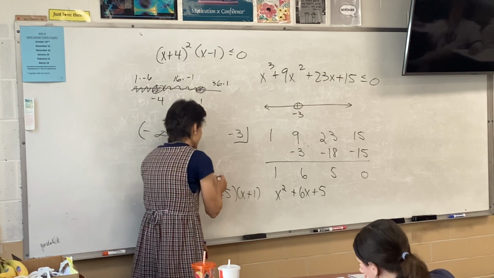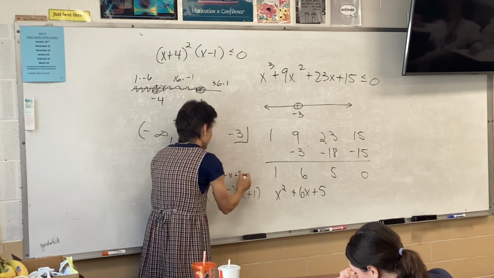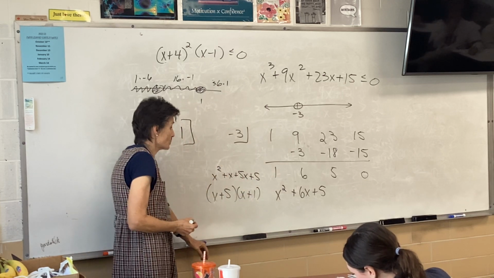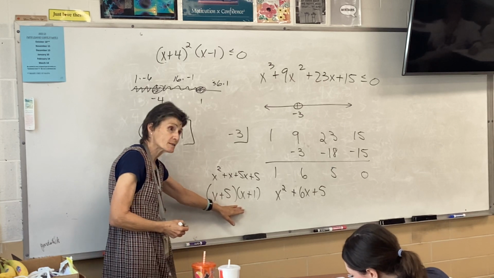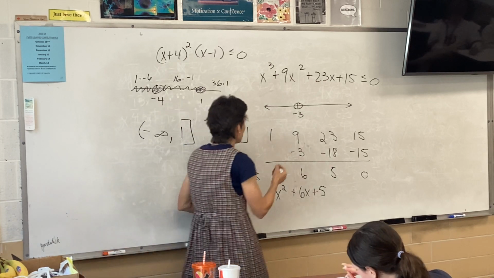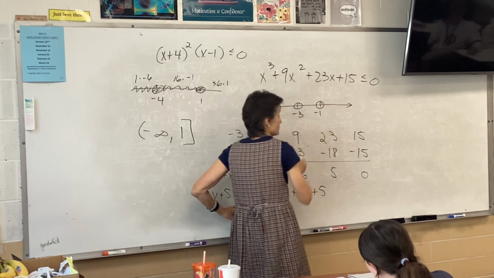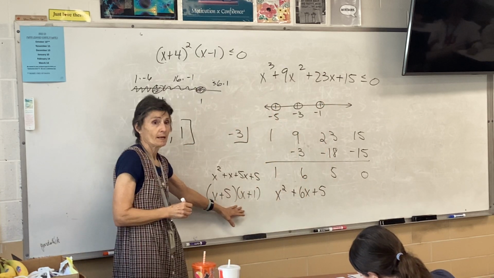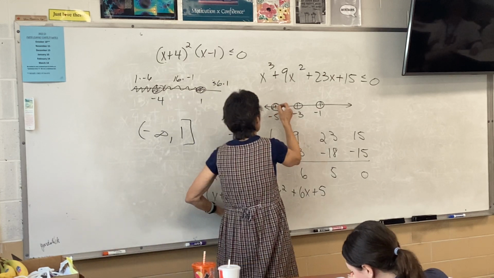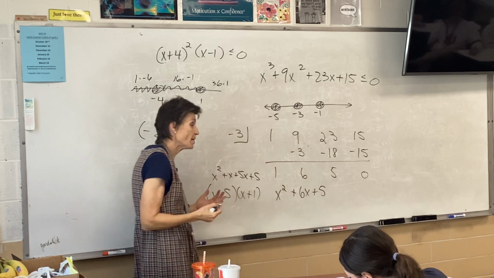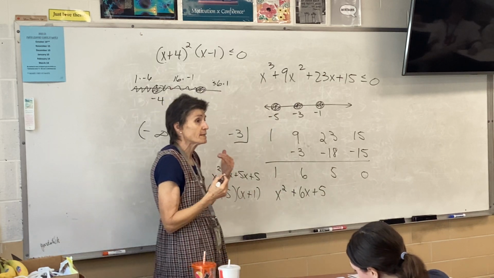I'll FOIL that to double check. But I think you got it. So where are my other 2 dots? Negative 1 and negative 5. They're all shaded in. I know we've talked about sometimes we don't shade, but that's only when there's denominators.